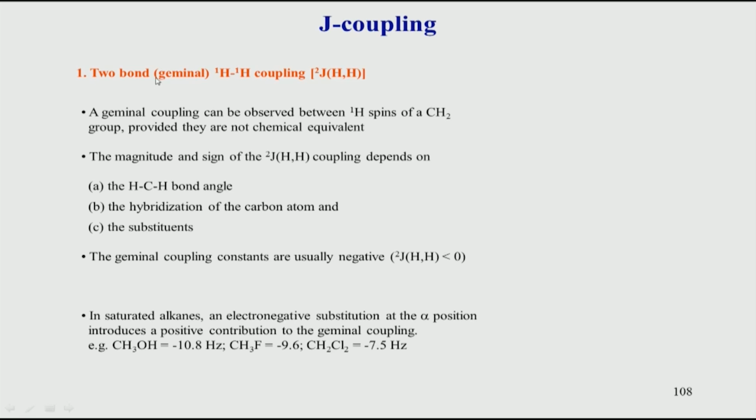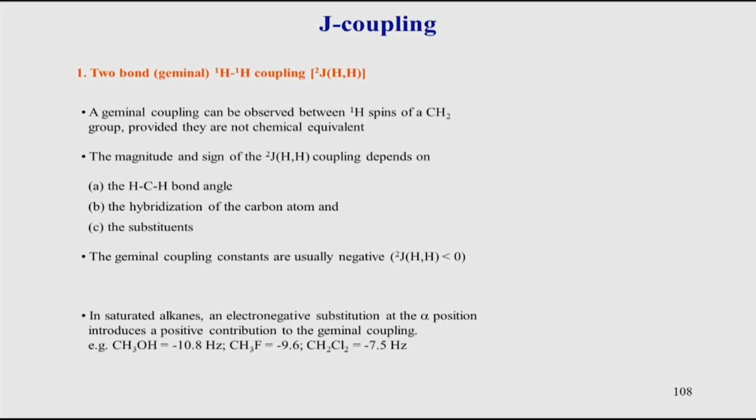So, we have what is called 2 bond geminal coupling. The typical notation we use in NMR is to write it like this: the 2 is a superscript on J, meaning 2 bond hydrogen coupling. The geminal coupling can have a negative value or a positive value. Remember, couplings can always have both positive and negative values, although from a simple 1D NMR you can never find out the sign of the coupling.